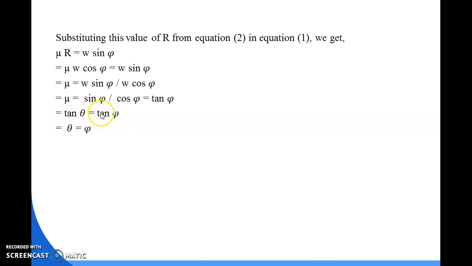Here tan cancels out, so theta is equal to phi. Now it is proved that theta is the angle of friction and phi is the angle of repose. So the angle of friction is equal to the angle of repose.